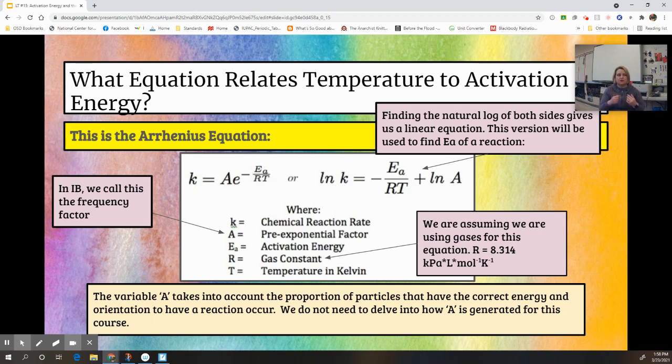Remember, with collision theory, you have to have particles collide, you have to have particles collide with the correct amount of kinetic energy, and those particles have to be in the correct orientation. If those three things don't exist, a reaction doesn't occur. So A takes all of those into account from collision theory. Don't worry about how we derive A. Just know that that's what that factor means. And the factor will be different depending upon what chemical reaction we're talking about.